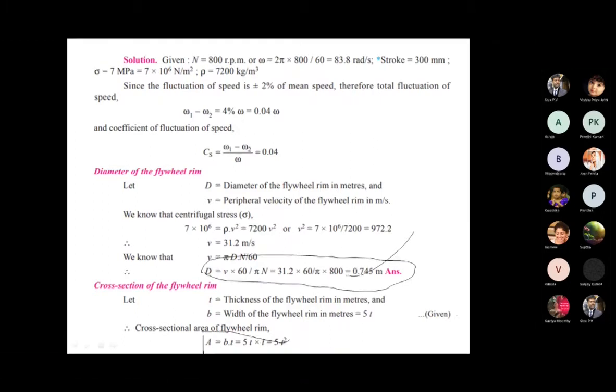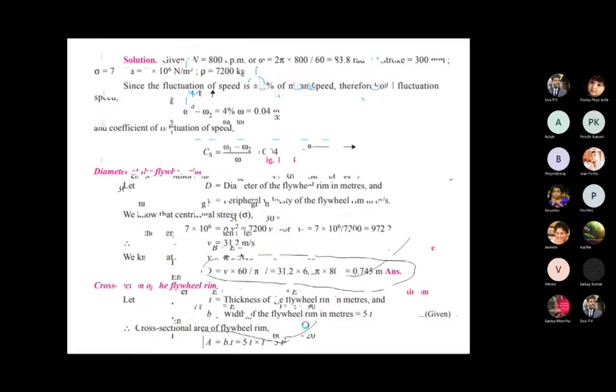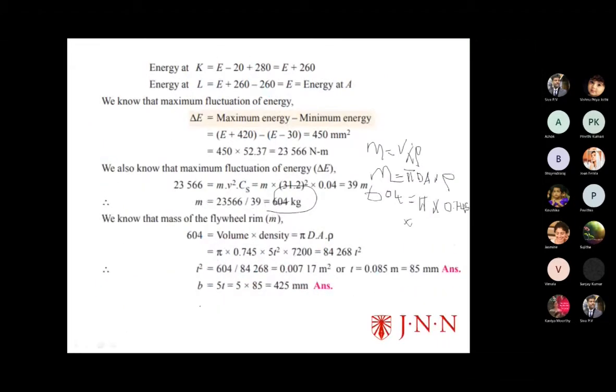But b equal to 5 times the thickness, 5t. So A equal to 5t square. Substitute A equal to 5t square, and the A value into rho value.